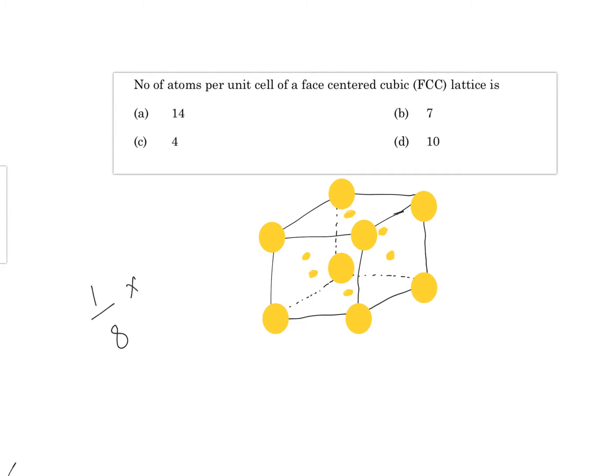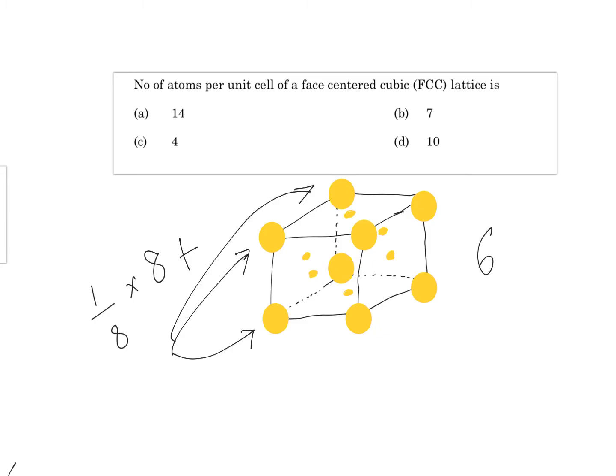And we have in fact 8 corners and 8 atoms occupying each of those corners. So that is the contribution from the atoms which are occupying the corners. Now in addition to this, we have atoms at the face center also.